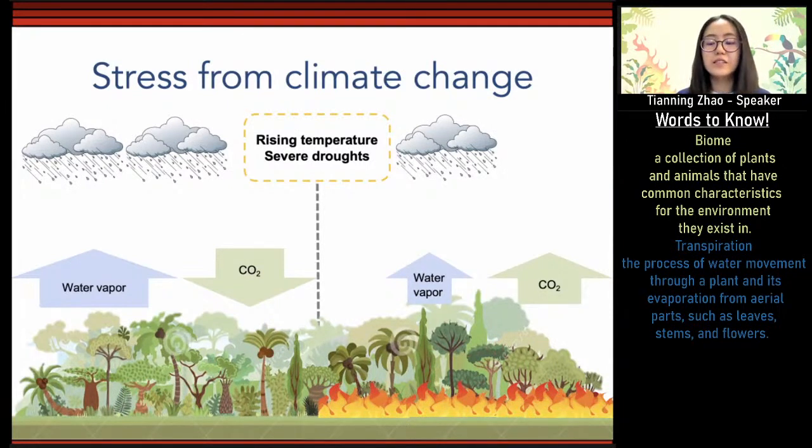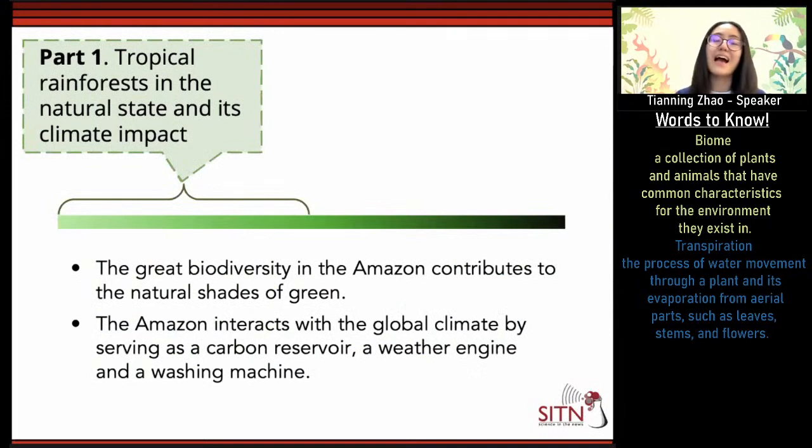So in the past 15 minutes or so, we have been looking through different aspects. We appreciated the great biodiversity in the Amazon, which contributed to the natural shades of green. It's perfect to eyes, perfect to camera, and perfect to our daily life.